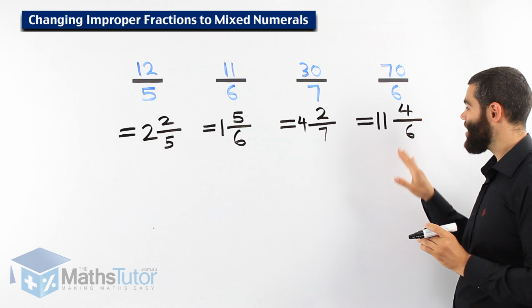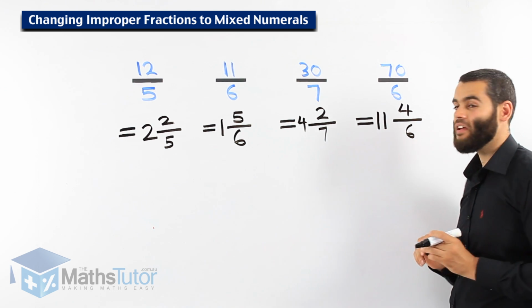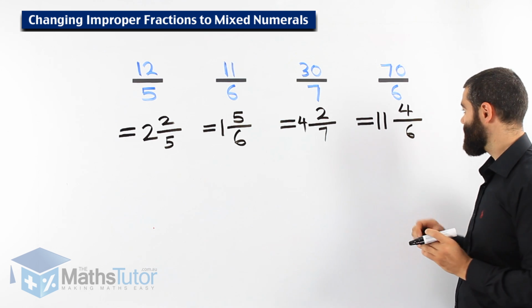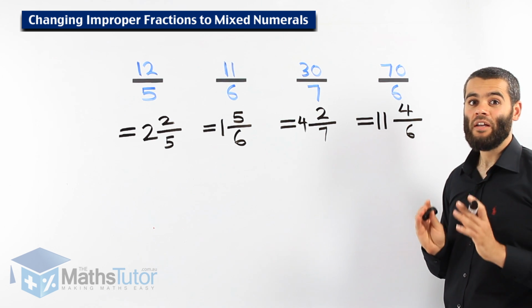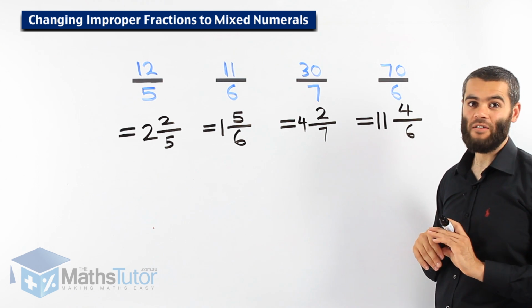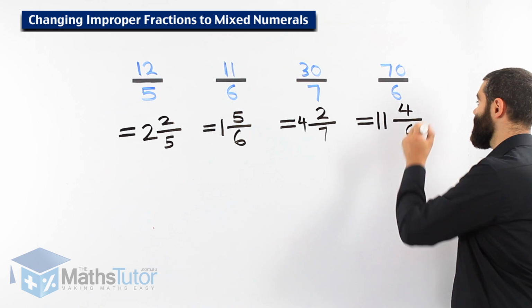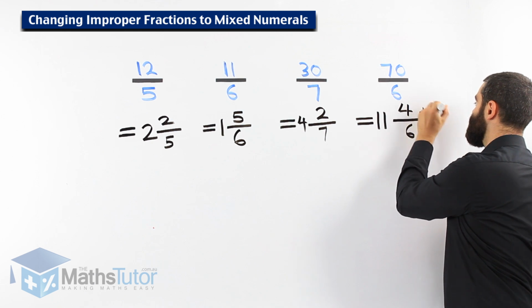Now, what can you tell? What do you notice? 11 and 4 over 6. We notice that the 4 over 6 can simplify. Remember, in fractions we have to always be careful. Can my fraction simplify? In this case here, yes it can. 4 over 6, the highest common factor is 2.